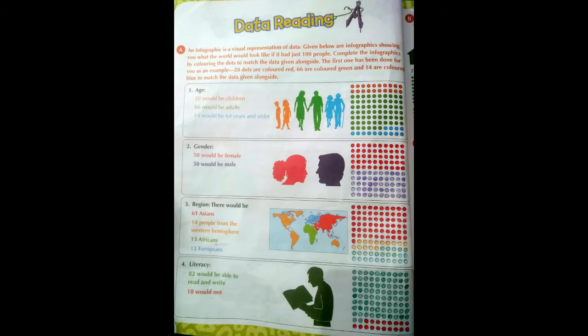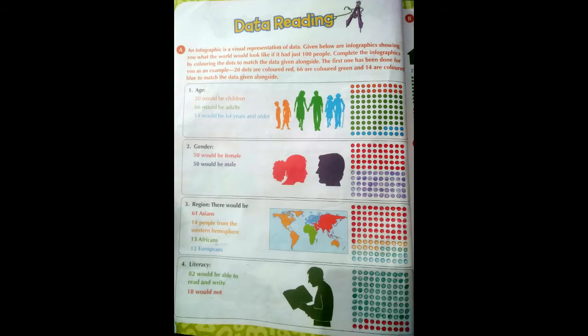I think that is in orange. Okay, see orange color, 14 dots in orange. Please color 14 dots. Then 13 Africans. That is in green color. So we need 13 green color dots. Okay.